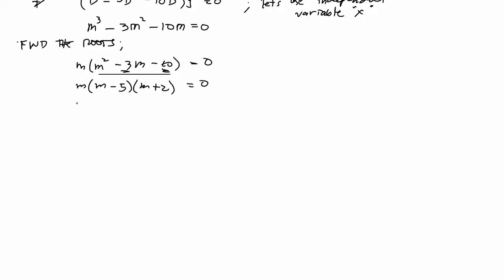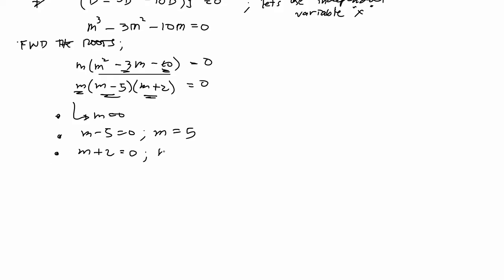Okay, so then let's equate these terms one by one to 0. So of course we have m is equal to 0, and then next we have m minus 5 is equal to 0, or just m is equal to 5. Then lastly we have m plus 2 is equal to 0, or m is equal to negative 2.